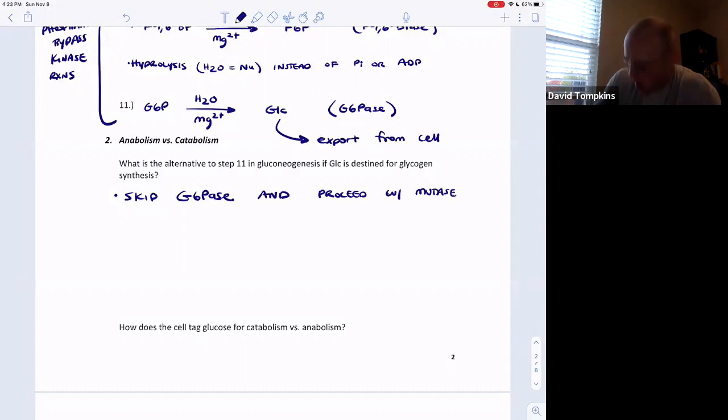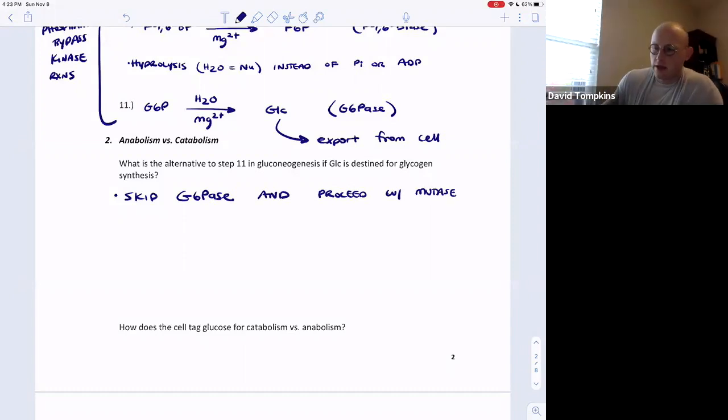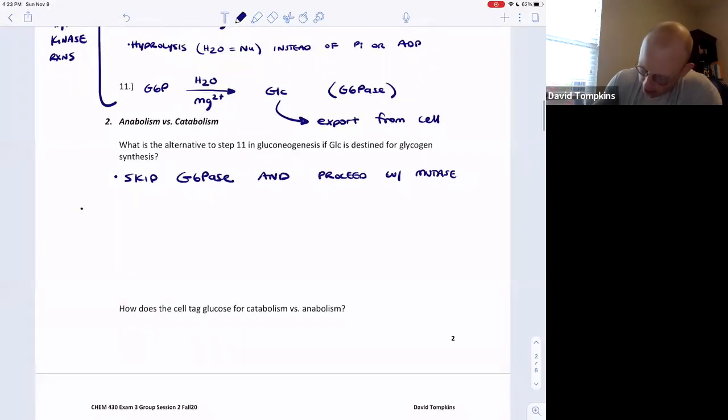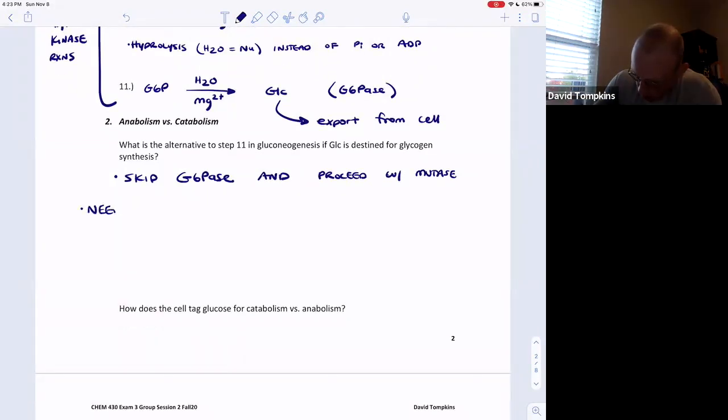So if this glucose molecule is destined to become glycogen, then it needs to be activated at carbon 1 instead of carbon 6.